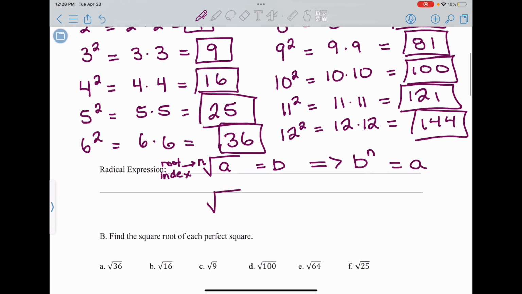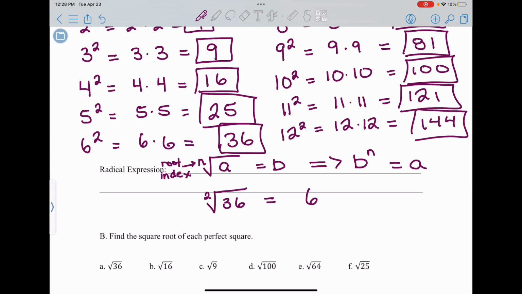So for instance, if I put 36 and the root index 2, this is asking what value when squared will get me 36. So what value times itself will get me 36? And the answer would be 6, because 6 squared is 36.